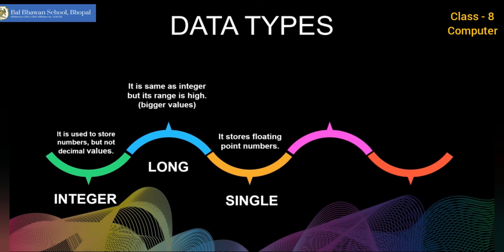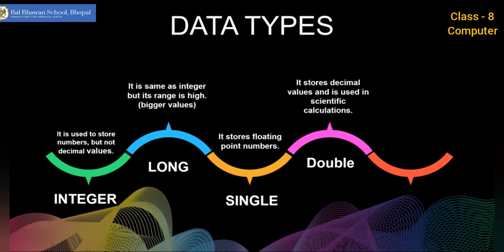Next is single. It stores floating point numbers, which means it can store decimal values. If the floating point numbers exceed the range of single precision, then it is rounded off at the last decimal place.